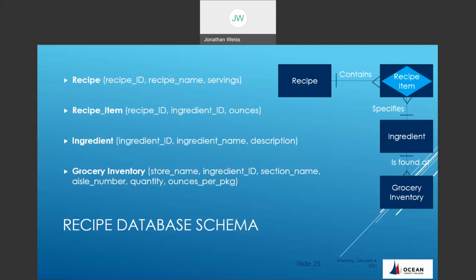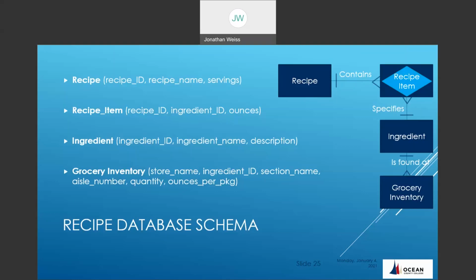Okay, so here I've described 4 different tables in a recipe database. The first table is called recipe, and it has a recipe ID, a recipe name, and the number of servings that recipe produces. Okay, so that's the first table in my database here.